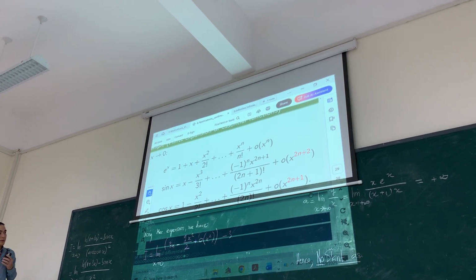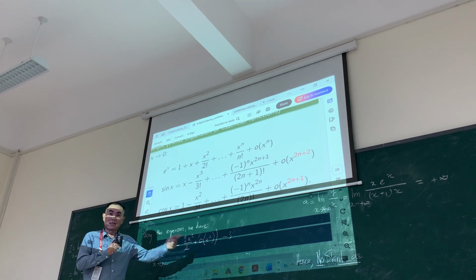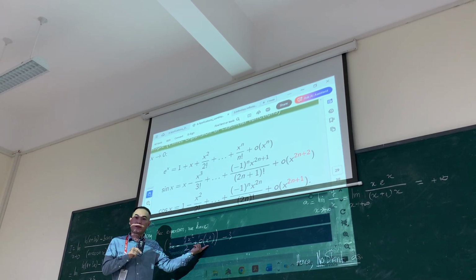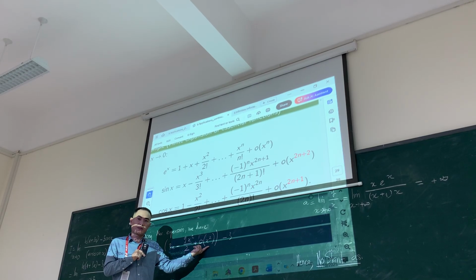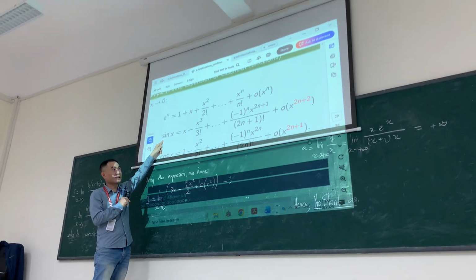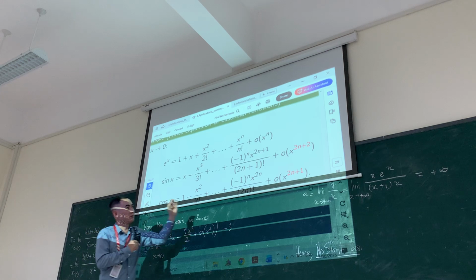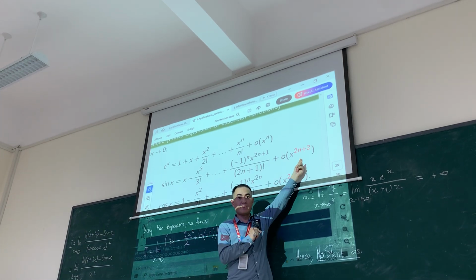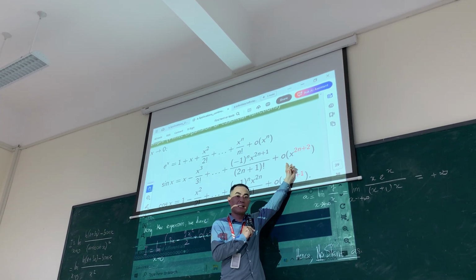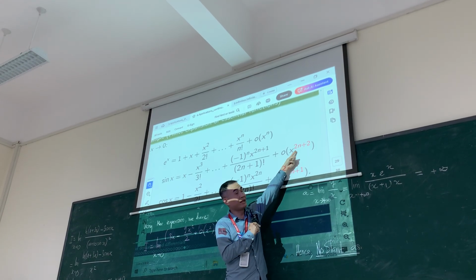Now you can see here it is an infinitesimal higher than x squared. So in that case, you can take n equals 0. It will be an infinitesimal of higher order than x squared, so we take n equals 0.